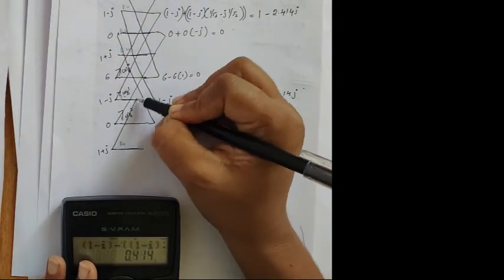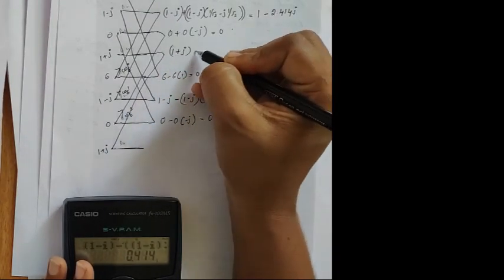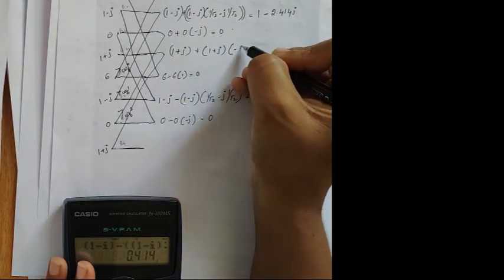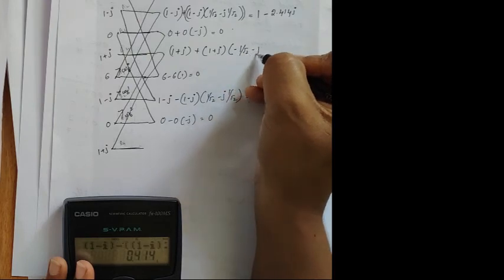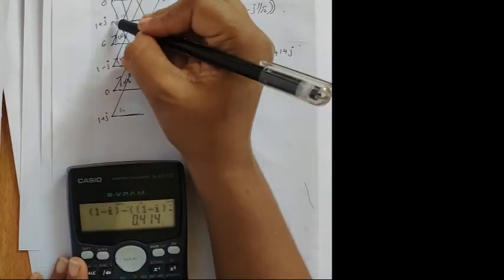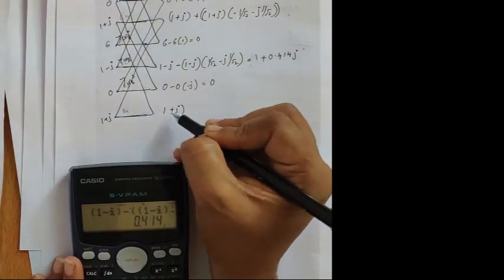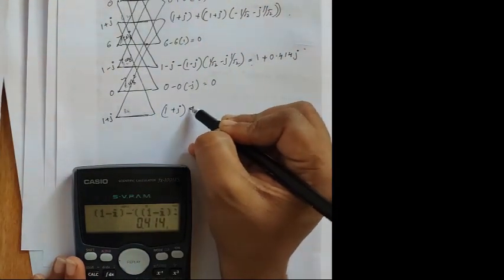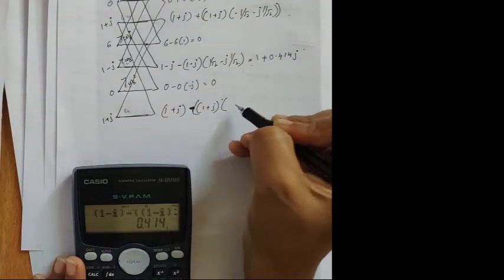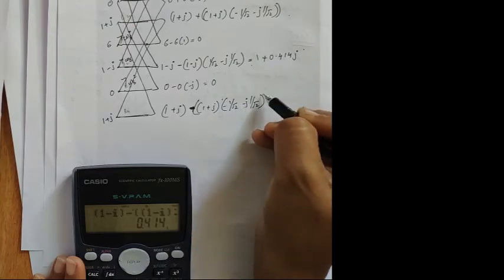And the last term that you are giving is 1 plus j plus 1 plus j into minus 1 by root 2 minus j 1 by root 2.